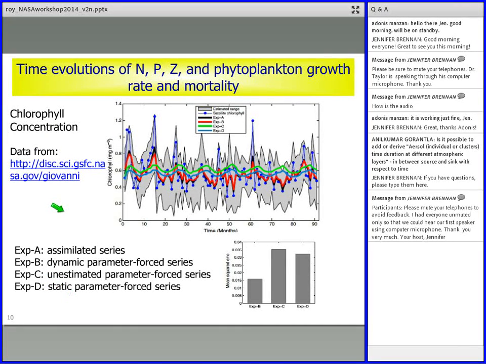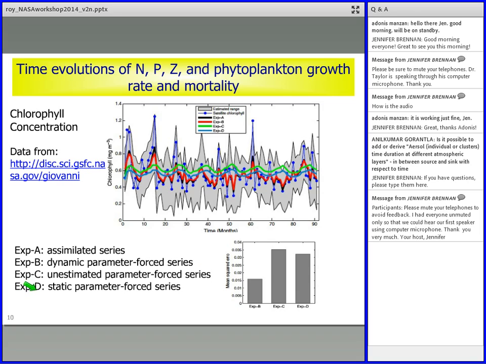So the data assimilation experiments show the results as follows. These blue dots are the chlorophyll concentration from the MODIS satellite. And we did several experiments with this model. The easiest experiment was experiment C, which is no estimation of the parameters, just using the existing ones.